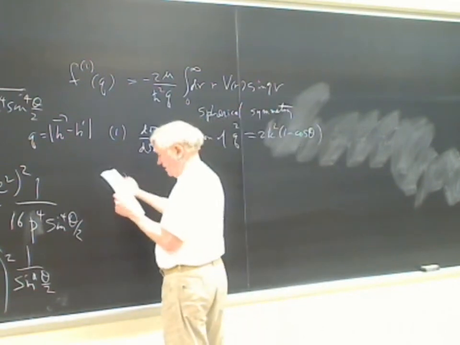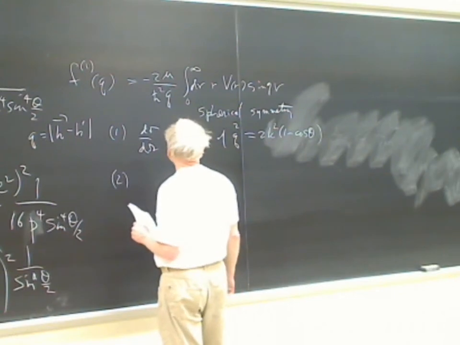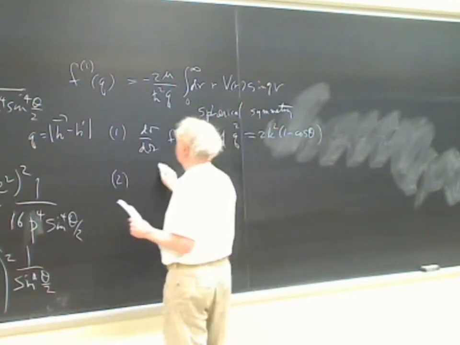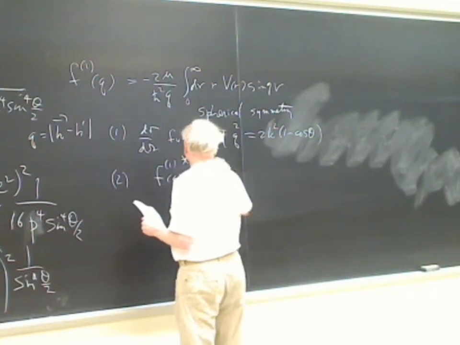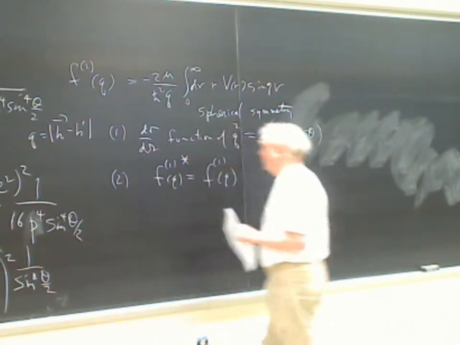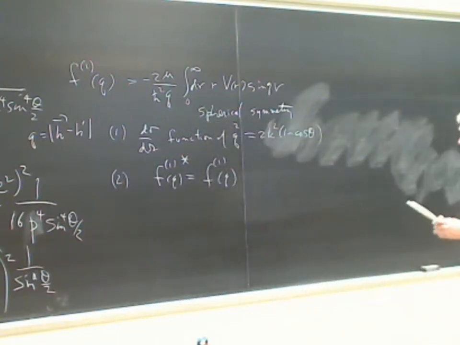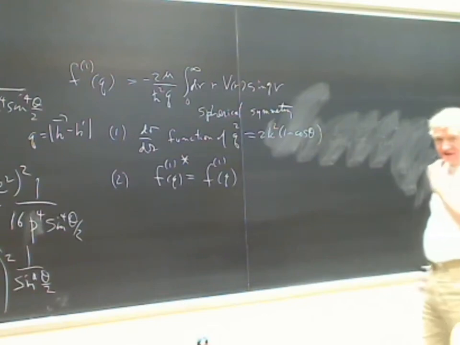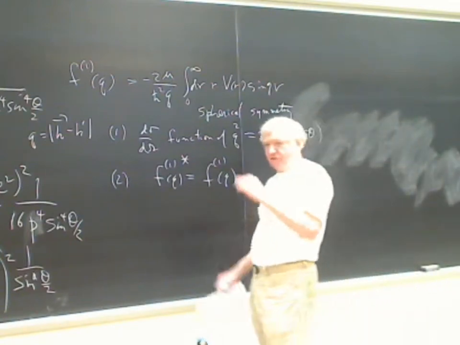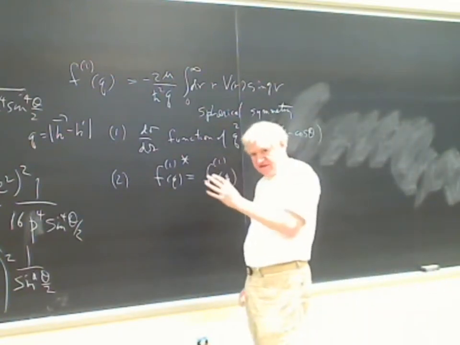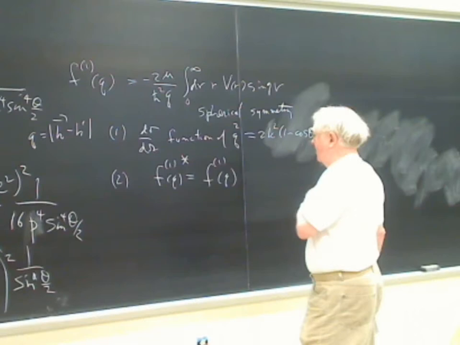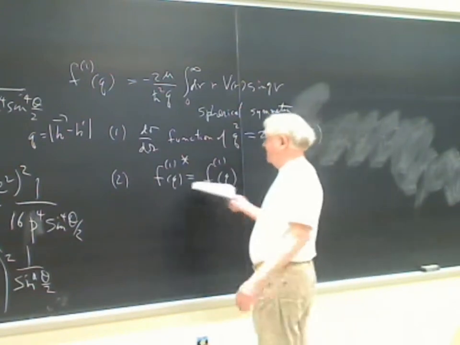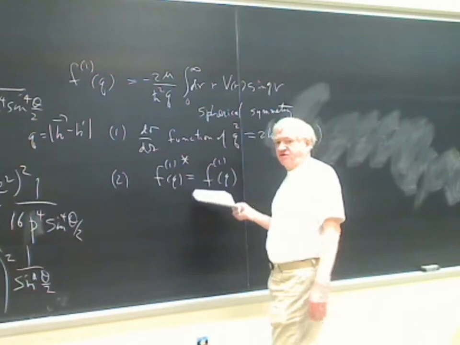Two, this potential is real, so F1 of q star is equal to F1 of q. So the scattering amplitude is real, and that tells us that the first Born approximation, although it's a reasonable approximation in many cases, especially when the coupling is weak, would tell us that the total cross section would be 0.